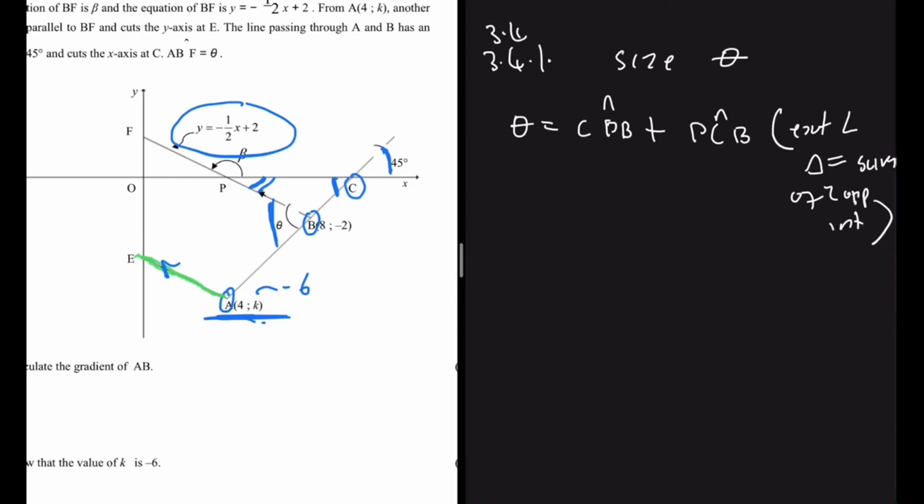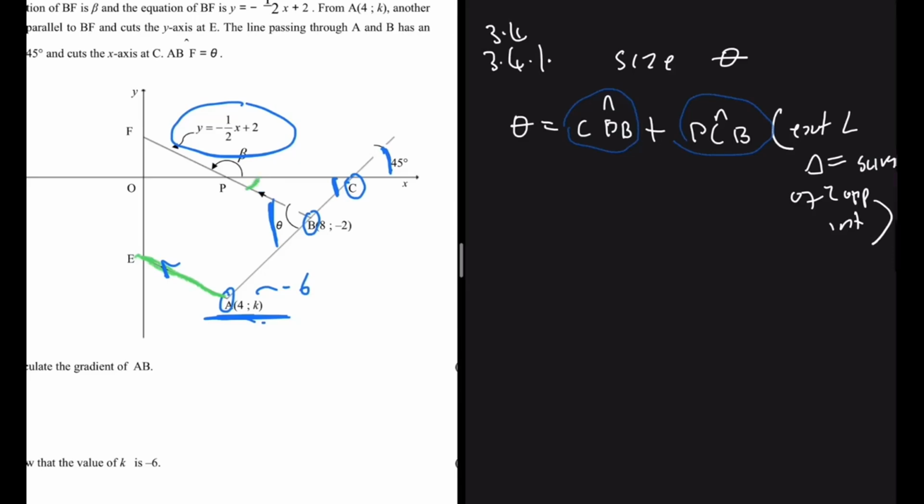So now we can go ahead and try find the size of CPB and the size of PCB, and then we would have theta. So let's look at CPB. So CPB is here. Let me change the color. So CPB is here, right?